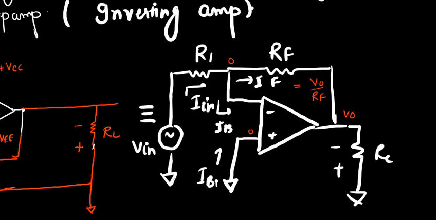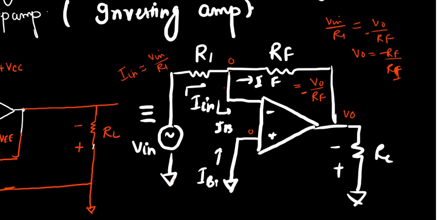And Vin is the voltage across this. So current Iin is almost Vin divided by R1. So Vin divided by R1 should be equal to, because this current is very small, V0 divided by RF. No, there should be a minus here too, right? So V0 is minus RF by R1 into Vin.